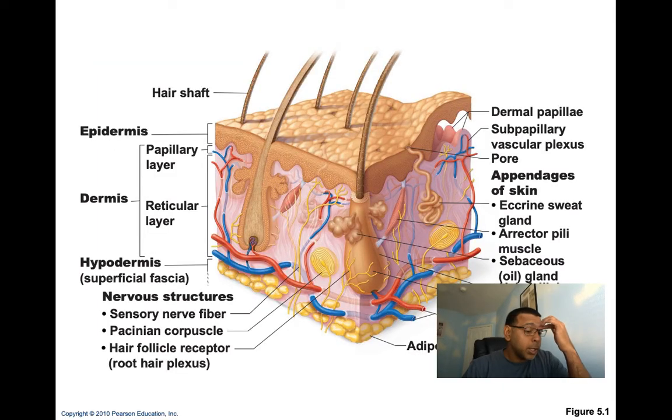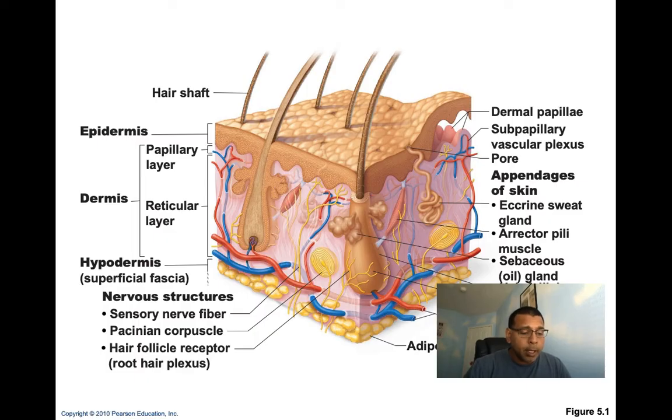It's a knot of sensory nerve endings that wrap basket-like around each hair bulb. They're going to detect the bending of hairs. So whenever a mosquito or fly sits on the hair, that causes the hair to bend, and that gets detected by our nervous system.